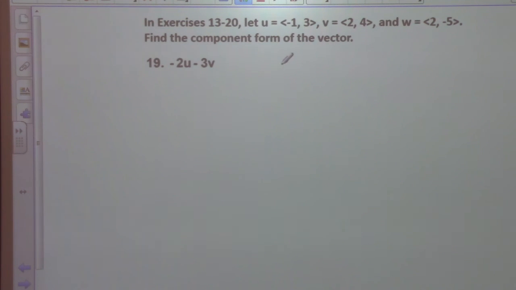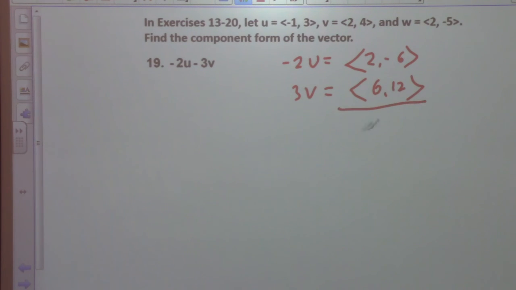So for the -2u, I got 2, -6. And for the 3w, I got 6, 12. And I subtract them to get -4, -18.